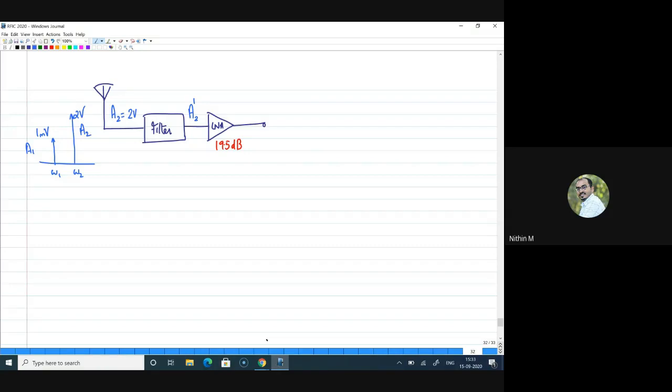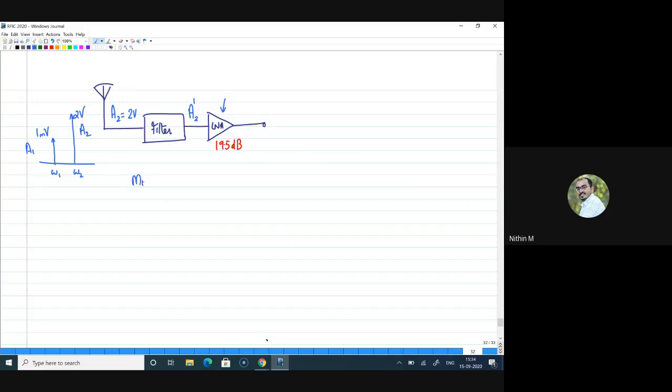Are others getting answers? All right. So how will you get it? When you talk about the gain of this LNA, how will you write the gain? At the input of the LNA you have A2 dash and your desired signal A1, where A2 dash is the filtered version of your A2.